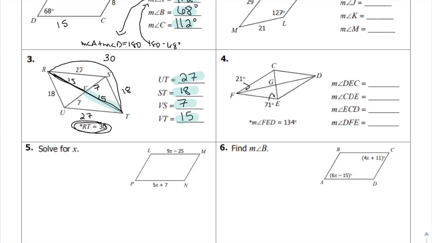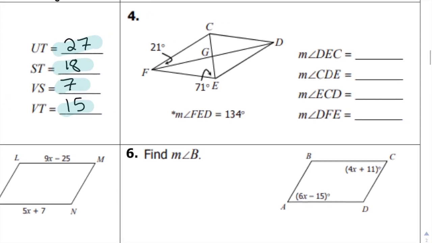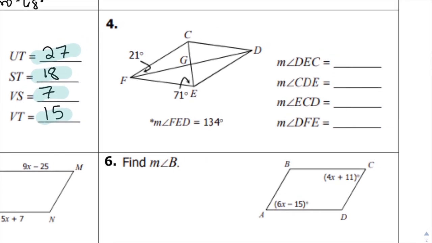Let's look at number 4. Remember when we're naming angles, the angle we're talking about is in the middle. The other letters are like your starting point and your ending point.